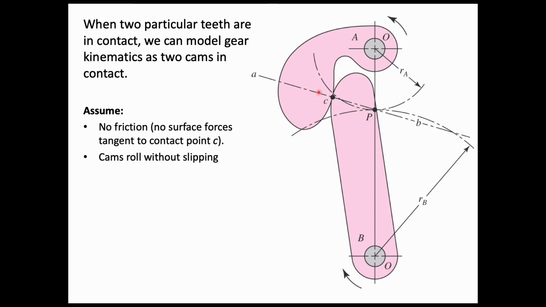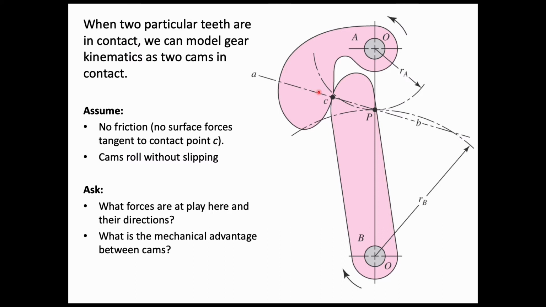We're going to assume here that the cams roll relative to each other without slipping. And then we're going to ask, what forces are at play here, and what are their directions? What is the mechanical advantage between the cams? And then we're going to use force analysis to figure out the speed ratio. And just think back to the last lecture video.